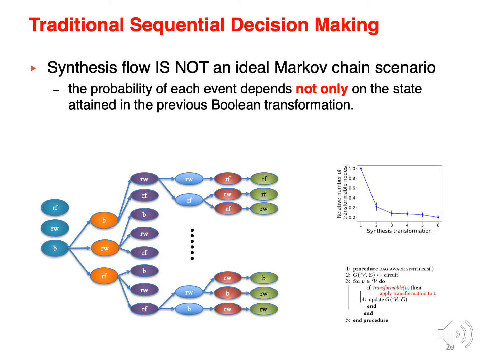To think about this at a high level, the traditional sequential decision-making problem is mostly formulated as a Markov model. However, the most important property, the Markov property, is not satisfied in logic synthesis, because the probability of each event depends not only on the state in the previous transformation, but can depend on multiple steps.